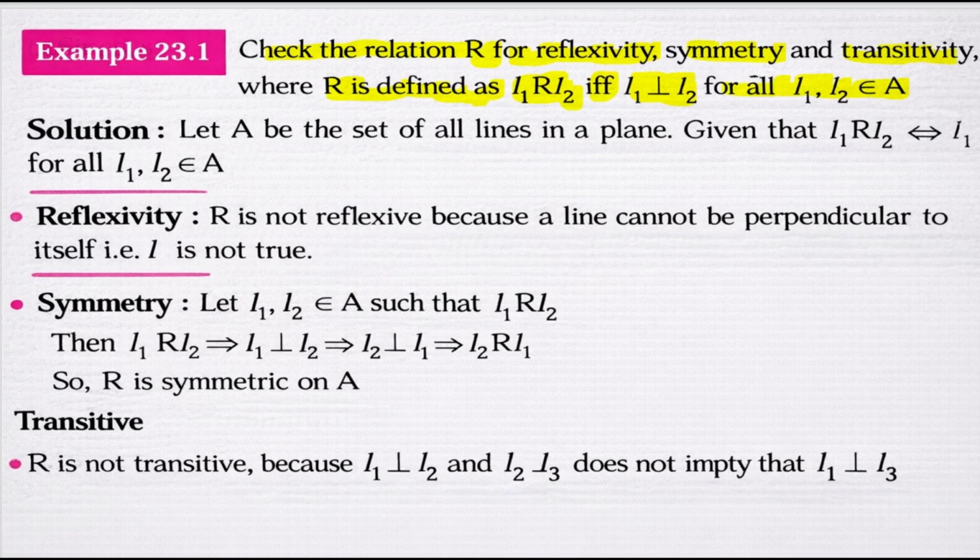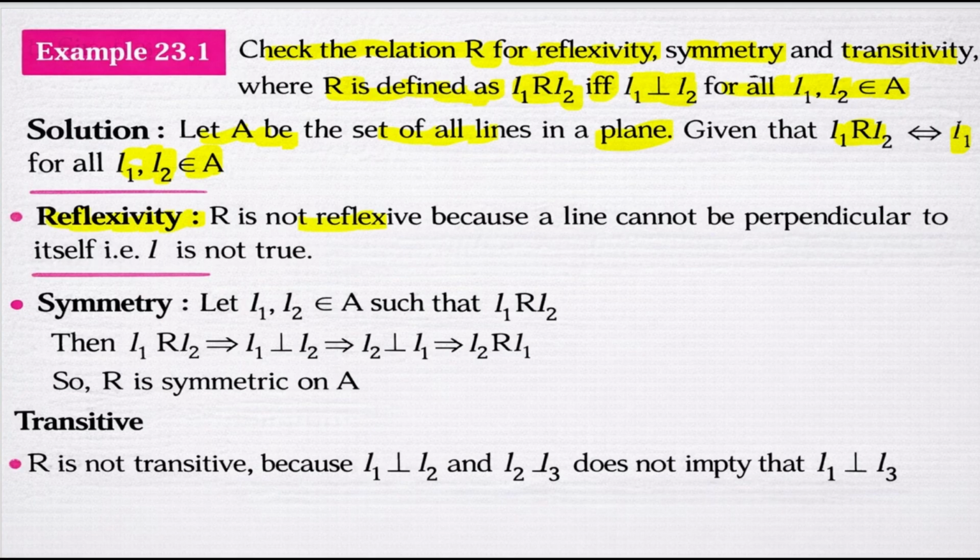Set of lines in a plane. Let me check here. Let A be the set of all lines in a plane. Given the relation defined in such a way that L1 is perpendicular to L2, be careful, for all L1, L2 belonging to set A. Let me check with the reflexive.